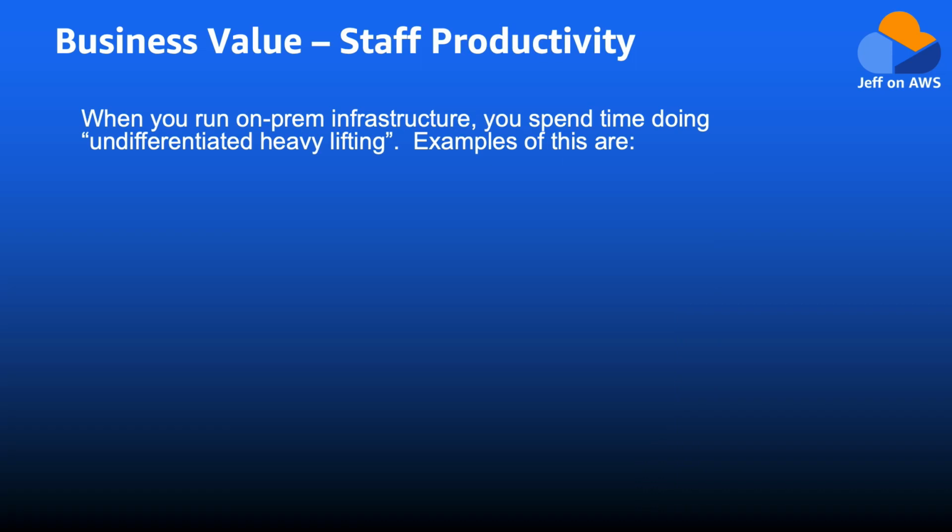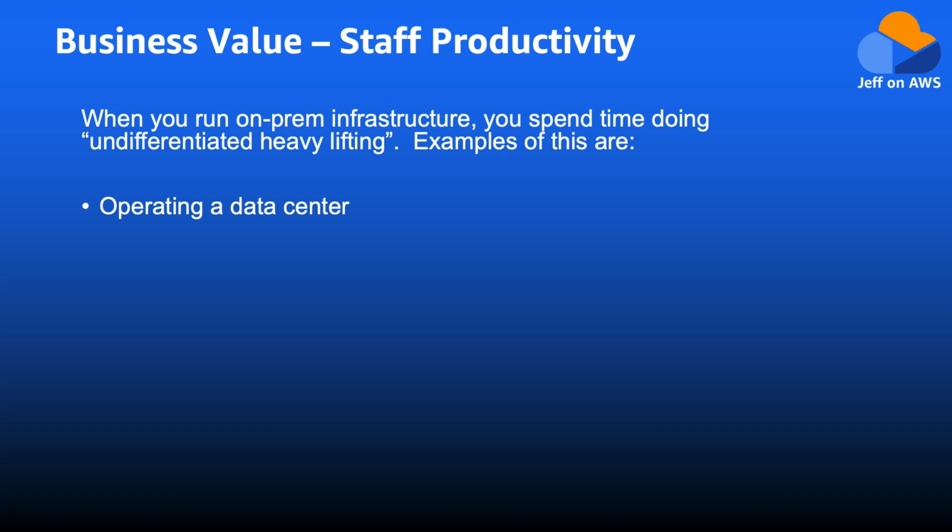Staff productivity is a great business value. The AWS CTO Werner Vogels was quoted at some point talking about undifferentiated heavy lifting and how that does not set your company apart from other companies. An example of this is operating a data center.